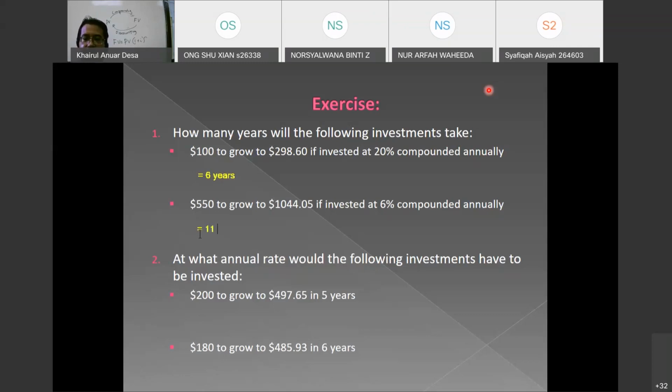11 years. Good. Berapa persen? The first one, 20%. Good. And the last one here.